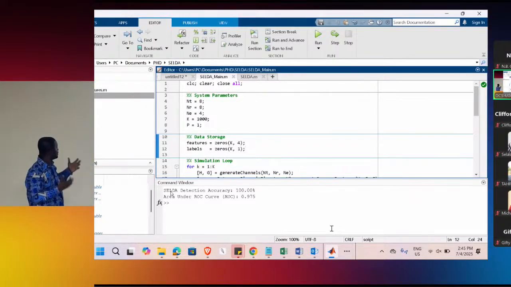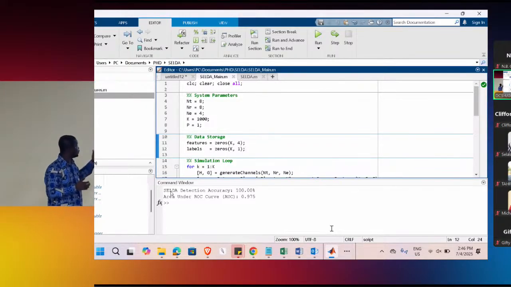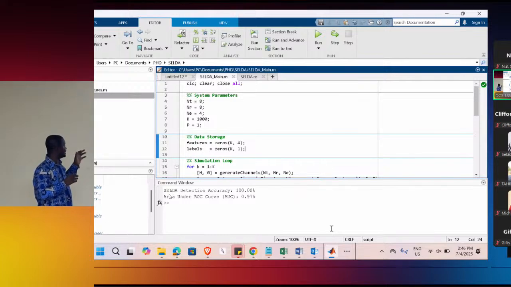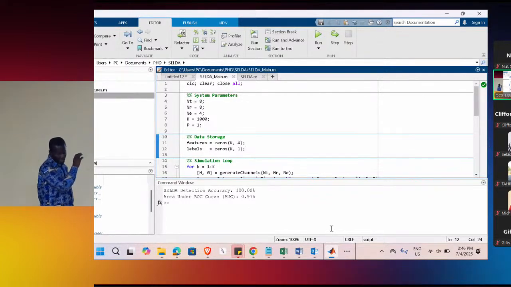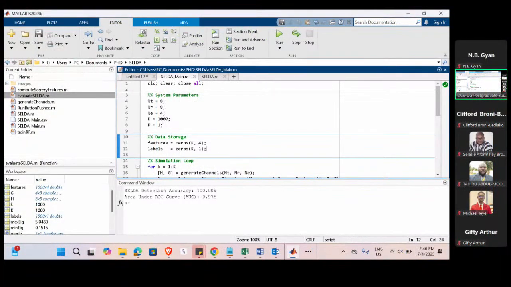But the screen that shows, which is the secure eigenmode learning and detection algorithm, has got the number of transmitters, number of receivers, number of eavesdrop nodes, the iteration periods, and then power over here.